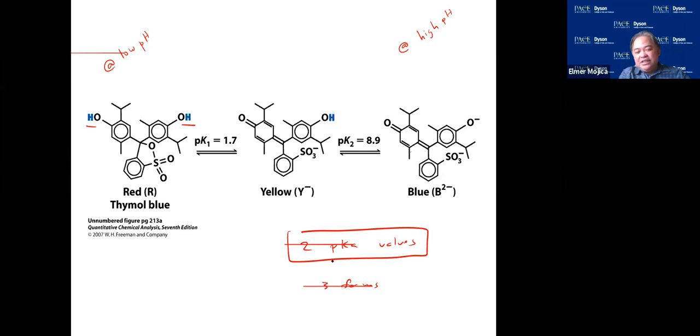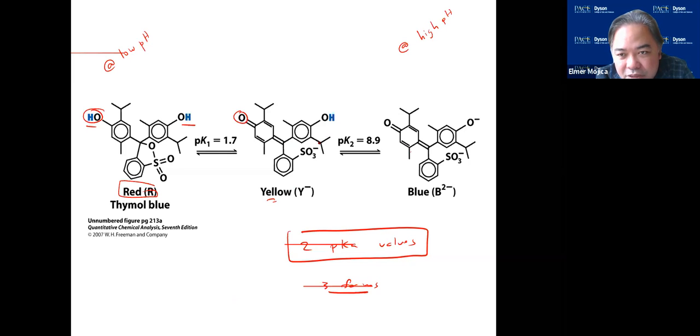And fortunately, those 3 forms have different colors. So at low pH, it is red. Now, if you remove some of the protons, to become this one, after passing the first pKa value, the red becomes yellow.